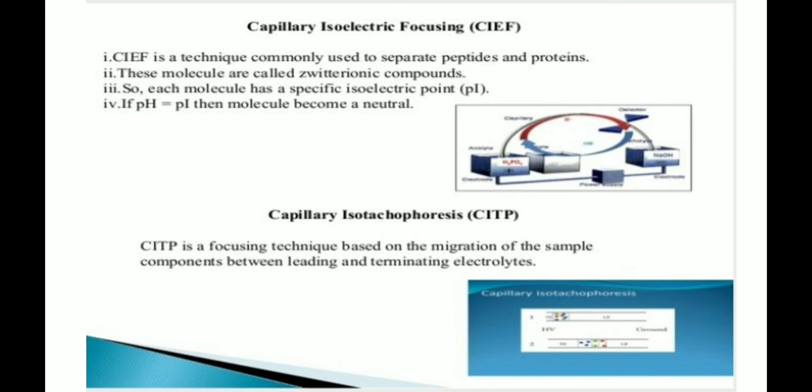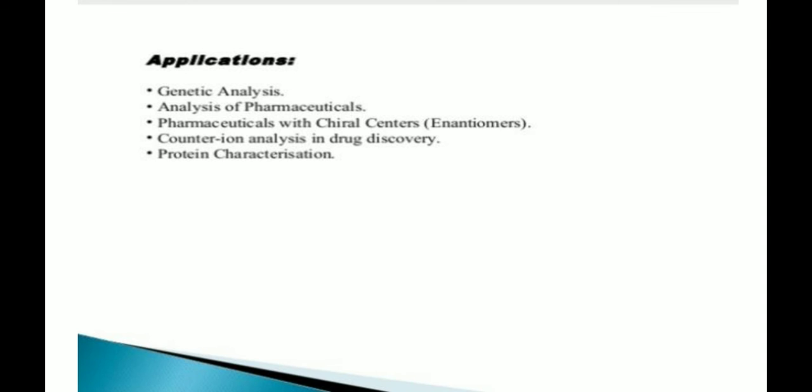Capillary electrophoresis has some applications, like genetic analysis, analysis of pharmaceuticals with chiral centers, also known as enantiomers, then counter ion analysis in drug discovery, and the last one, protein characterization. We can use this technique for protein characterization also.